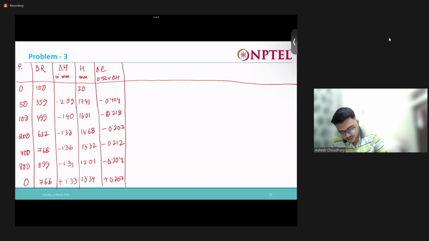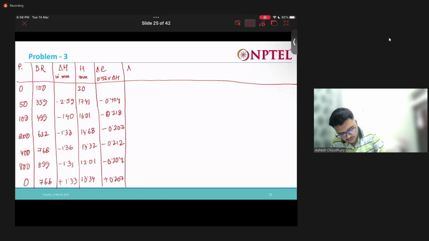Now what we can do is, this is my E. As we start from the bottom, what was my final void ratio?